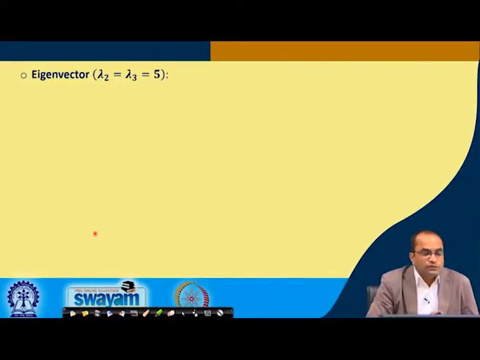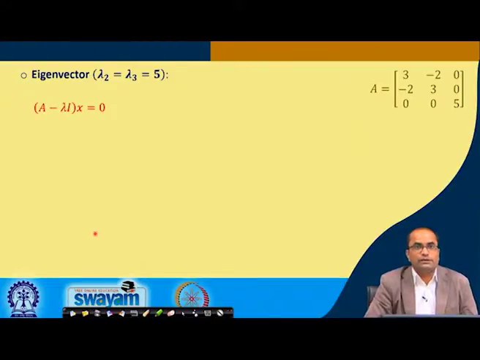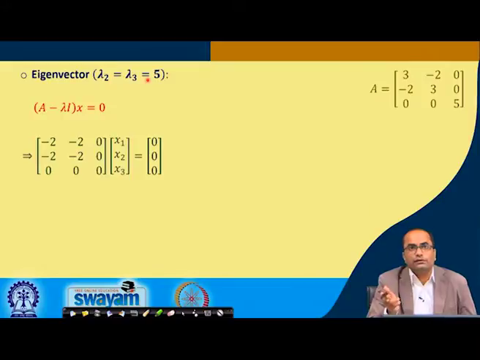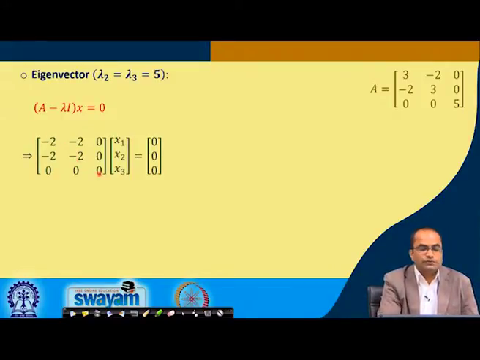Moving to the other one. So, we have lambda 2 is equal to lambda 3, the two eigenvalues are equal there, which is 5, and then we set up the system of equations for this given A, because the 5 will be subtracted from the diagonal entries. So, we will get minus 2 here, minus 2, and the last diagonal entry will be 0.